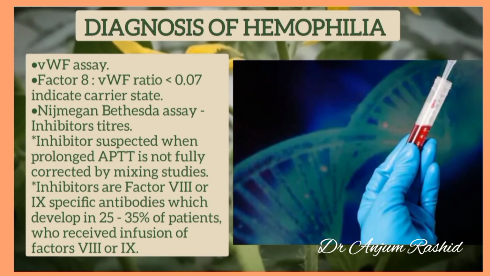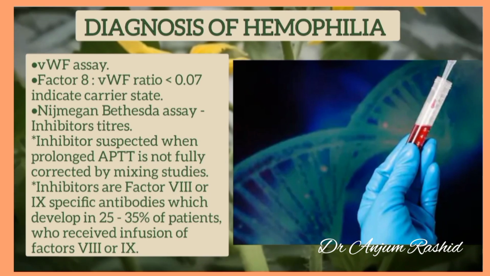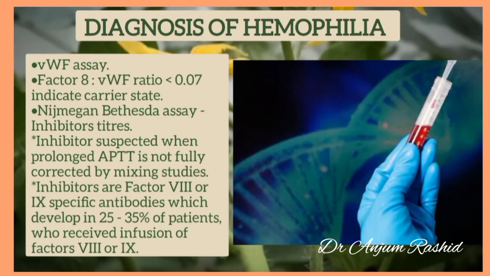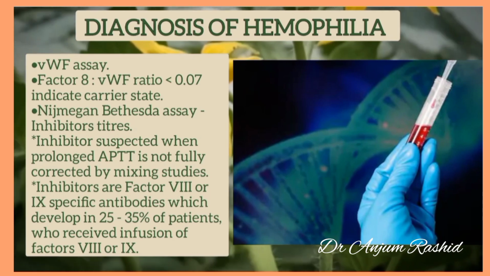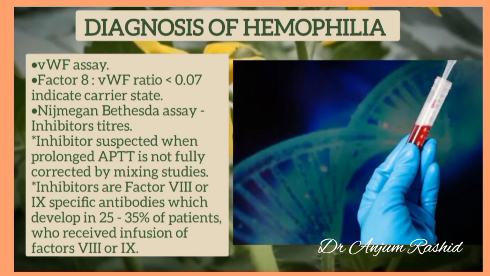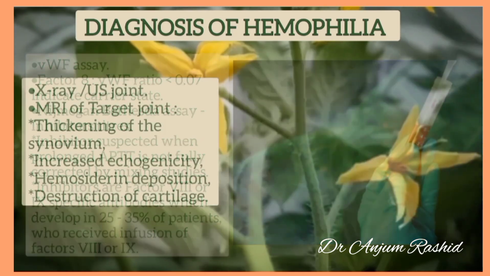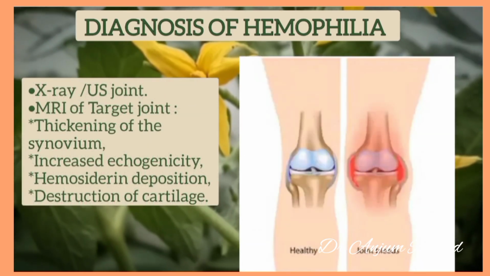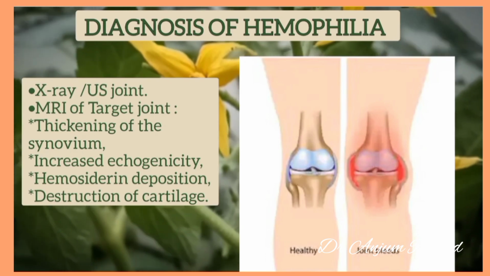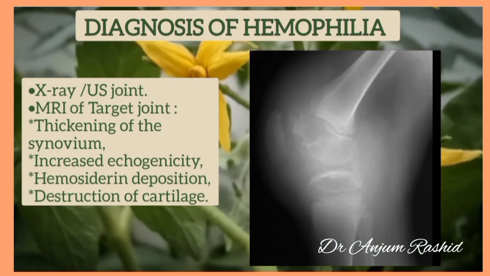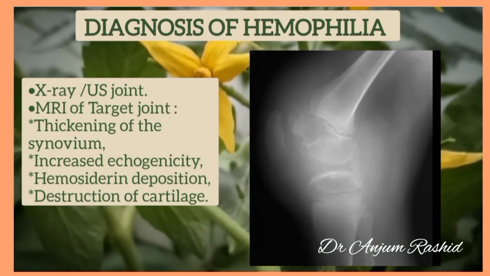Now, these inhibitors are factor 8 or factor 9 specific antibodies, and these may develop in 25 to 35% of the patients who received infusion of factor 8 or factor 9. Now, X-ray, ultrasound or MRI of the target joint shows thickening of the synovium, increased echogenicity, hemosiderin deposition and destruction of the cartilage.